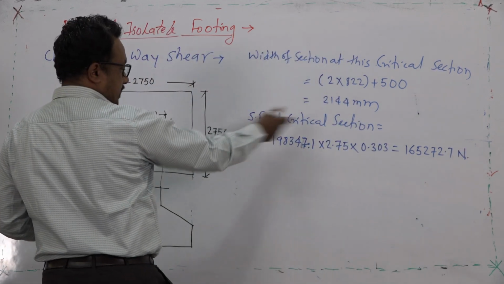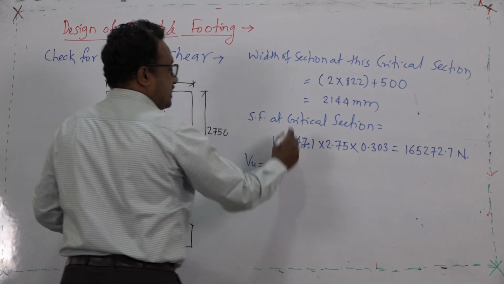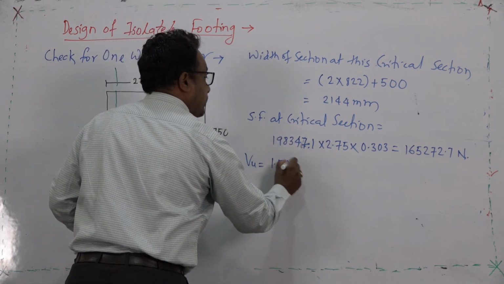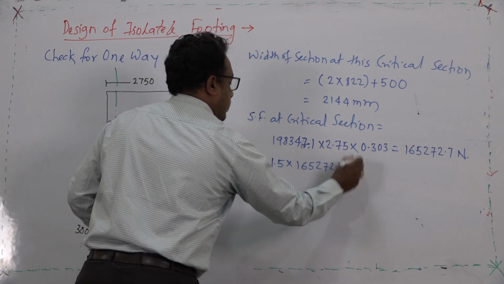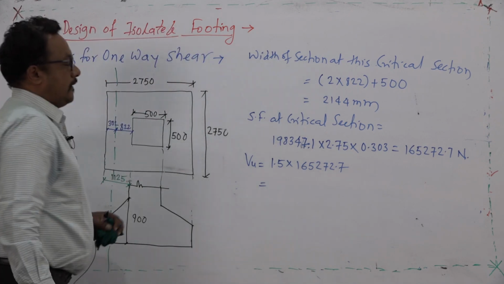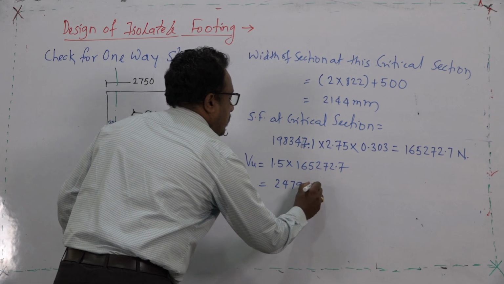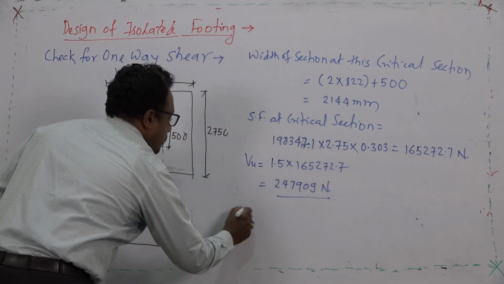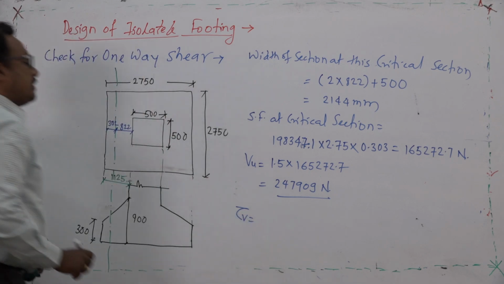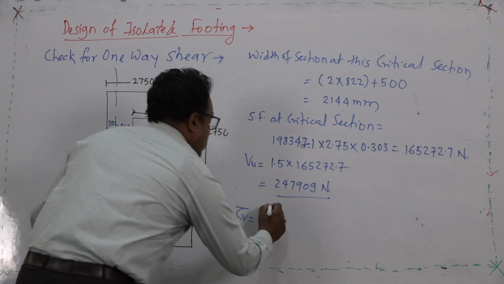We are interested in Vu, which is the factored shear force. Obviously, it is 1.5 times of this 165.272. So, this comes to be 247.909 Newton.